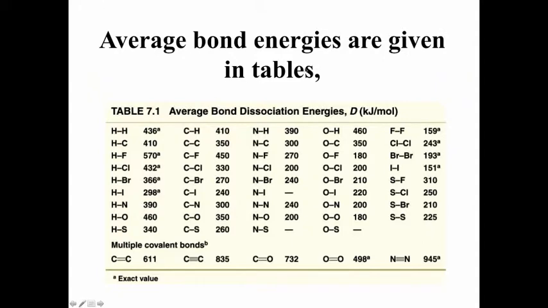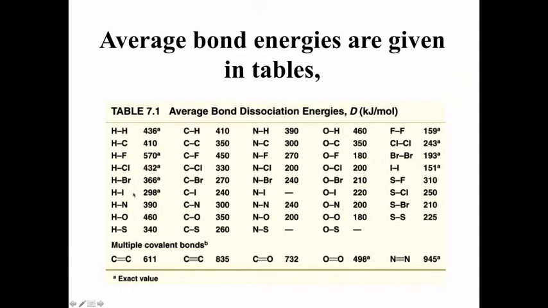These energies are given in tables, and they are typically in kilojoules per mole. So hydrogen, H2, hydrogen-hydrogen bond, the bond energy is 436 kilojoules per mole. That's how much energy it takes to break apart a mole of hydrogen bonds. If we're dealing with a different atom bonded to atom, so for example carbon bonded to carbon, single bond, that's 350 kilojoules per mole.